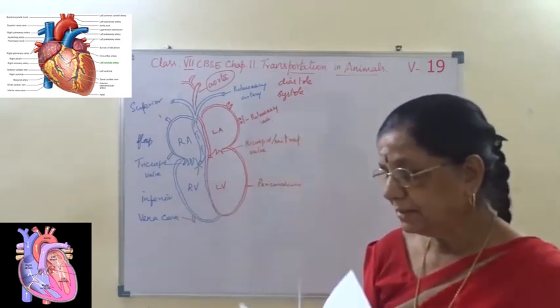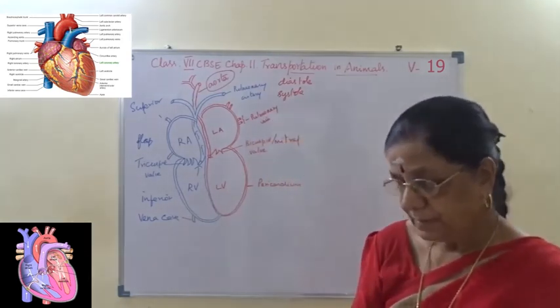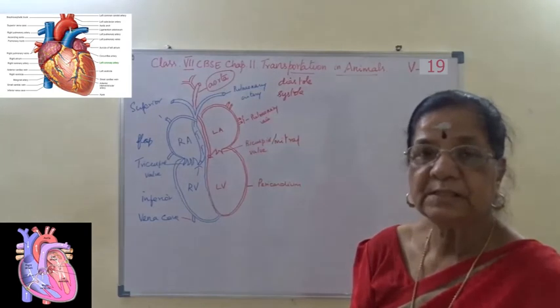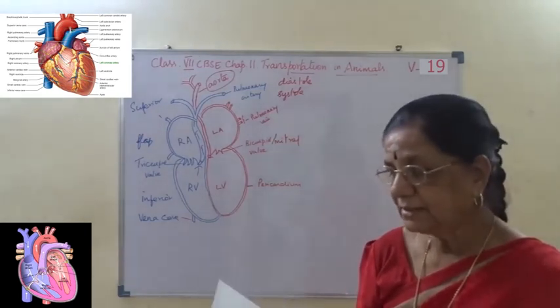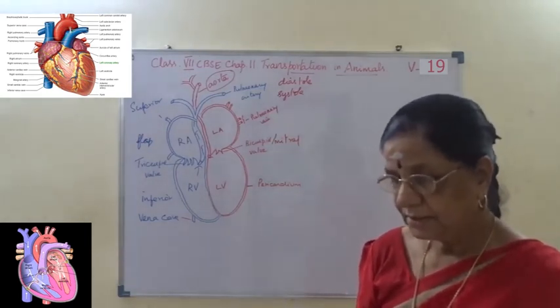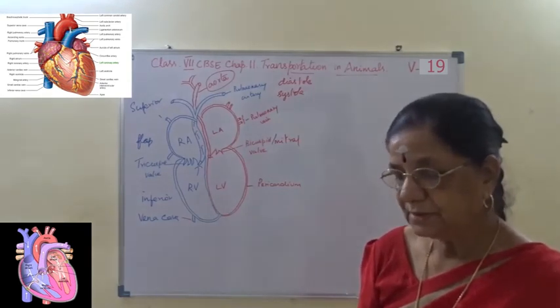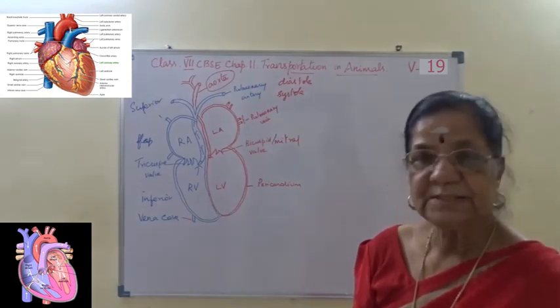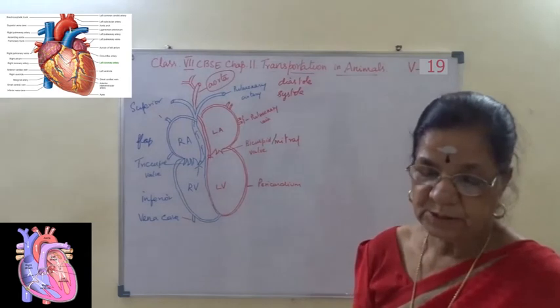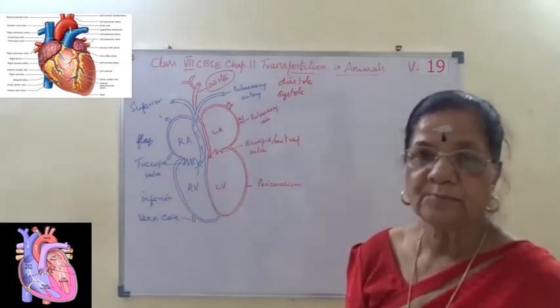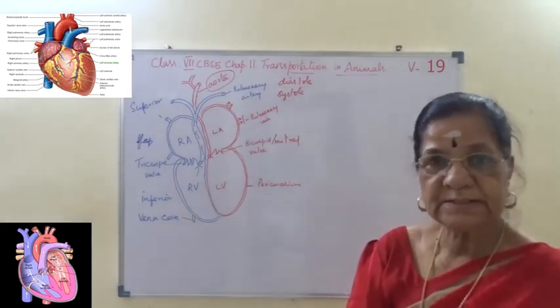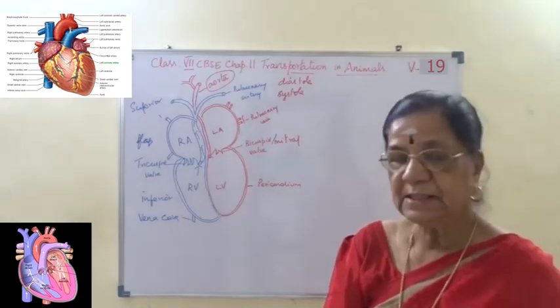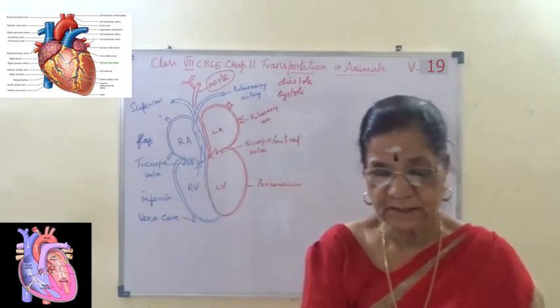Okay, and then we have learned about another difference between arteries and veins. Arteries and veins, there is a question. Give reason: arteries have thick and elastic walls. Why?